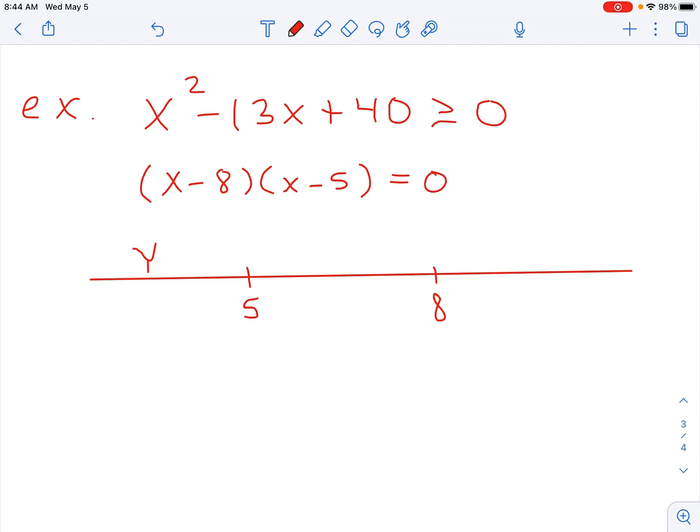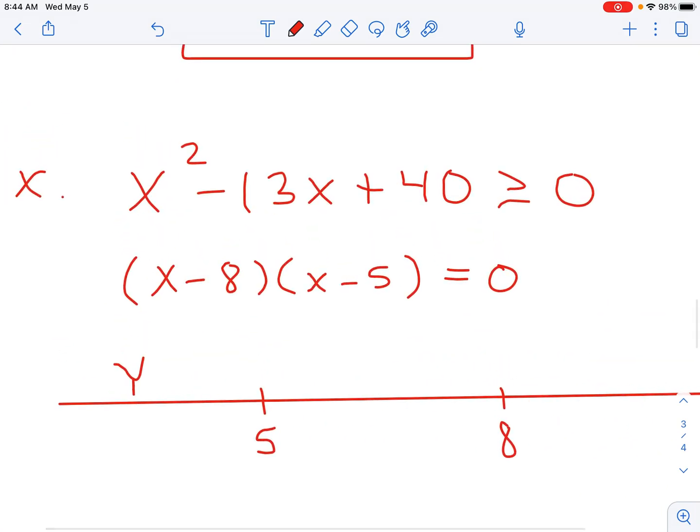Something between 5 and 8, so something like 6. So if I plug in 6, let's see, 6 squared, it's going to be 36. And I have to do something specific in here, right? Because it's a finite area.